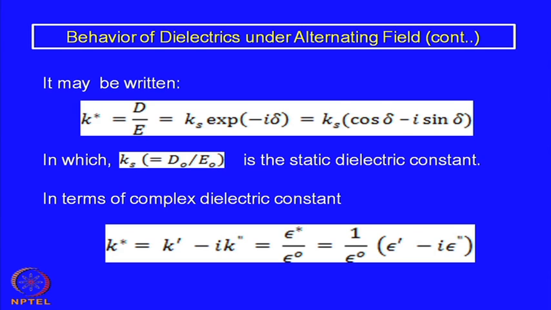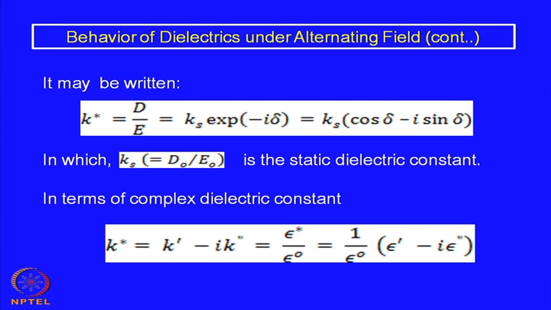So, k star equals k s exponential minus i delta, and that is equal to k s cos delta minus i sin delta. So, there are two different components, the real component and the imaginary component, and k s in this case is what we call the static dielectric constant.